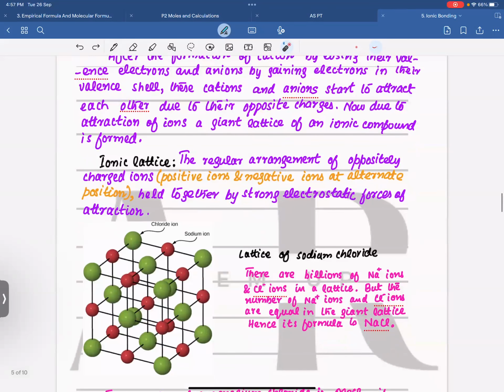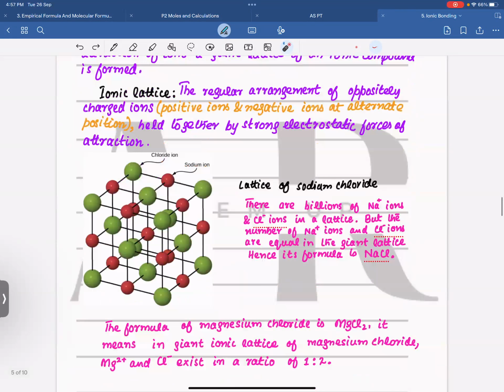But if we look at another ionic compound, for example, magnesium chloride, its formula is MgCl2, which means there is one magnesium ion and two chloride ions. It is indicating that in the giant ionic lattice of magnesium chloride, we have magnesium and chloride in the ratio of 1:2.